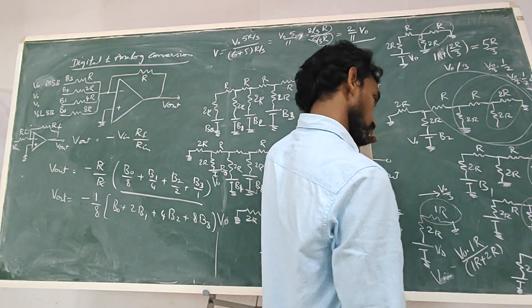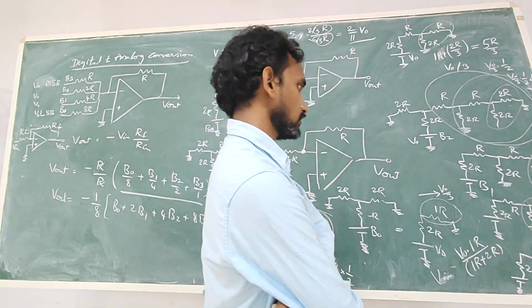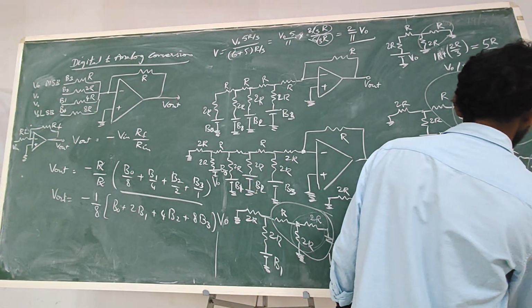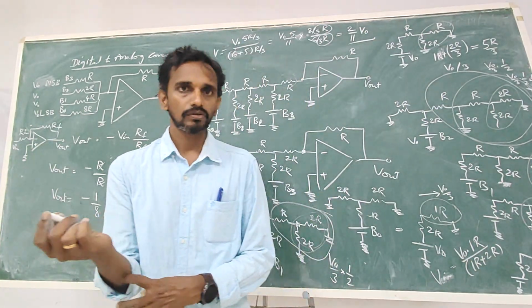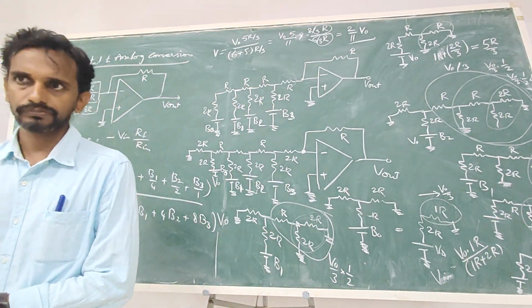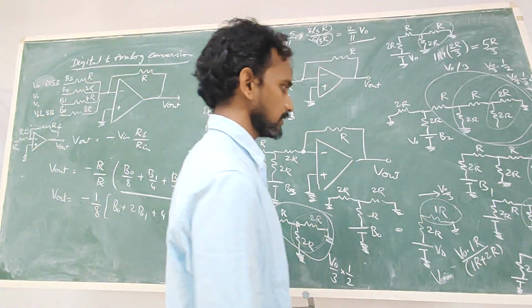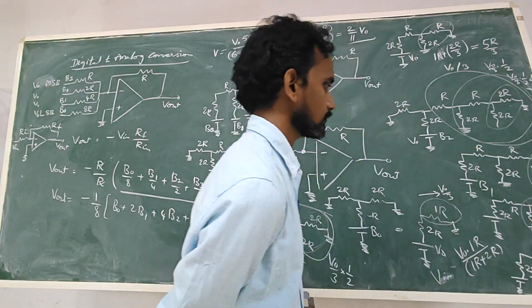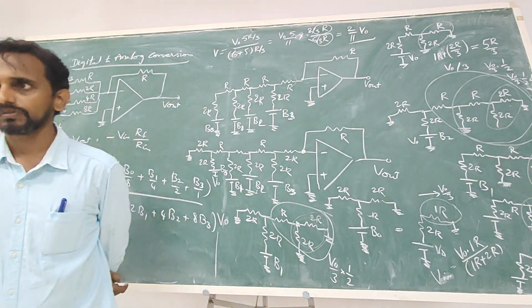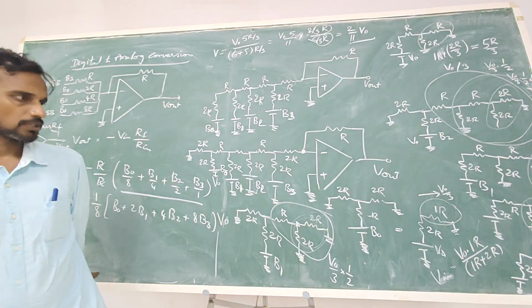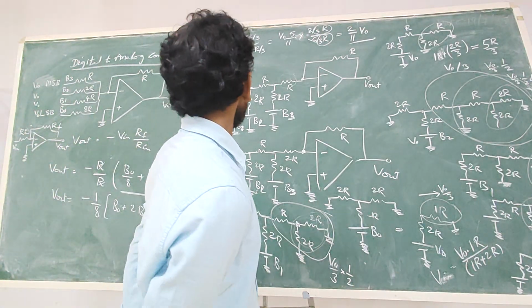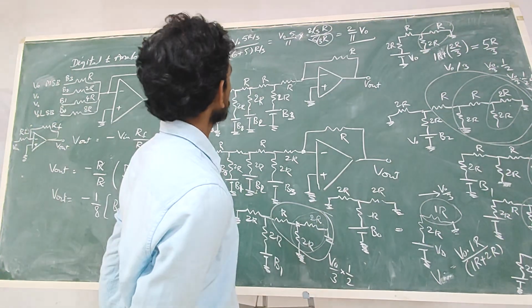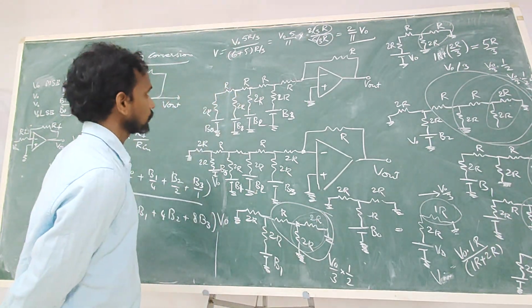So it is 30 plus 11, 41 by 11R. So that 2R can be written as 22 by 11. So ultimately I have to see the voltage divisions now.